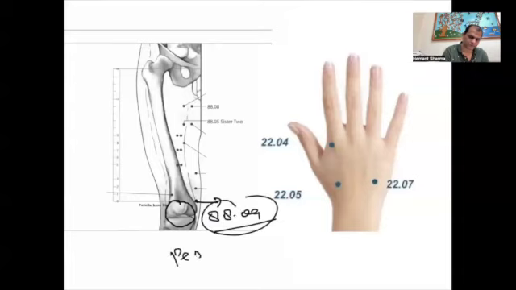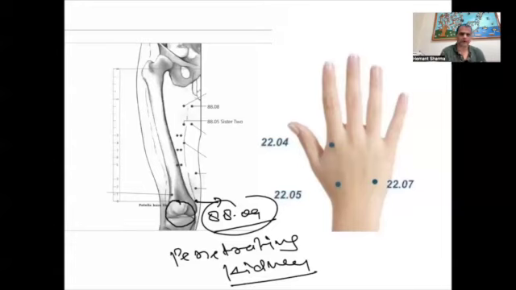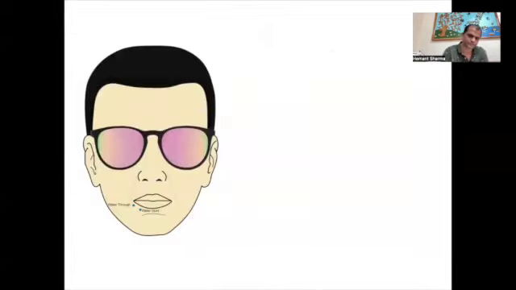The other name of this point is the penetrating kidney point, and the penetrating kidney point is an excellent point. Done, over. Let's move ahead.